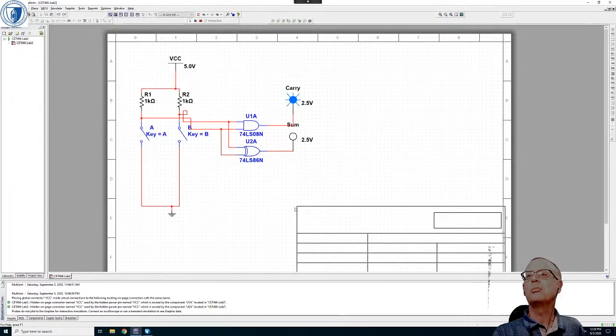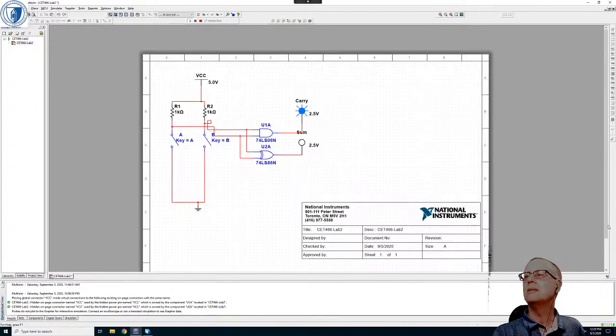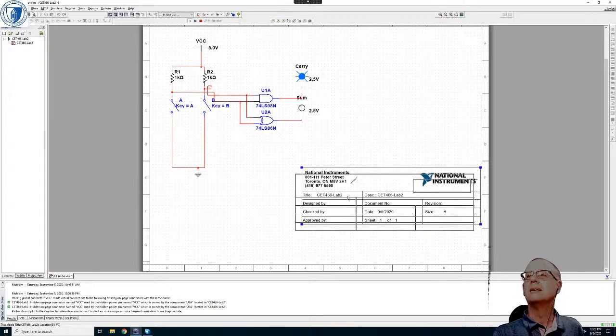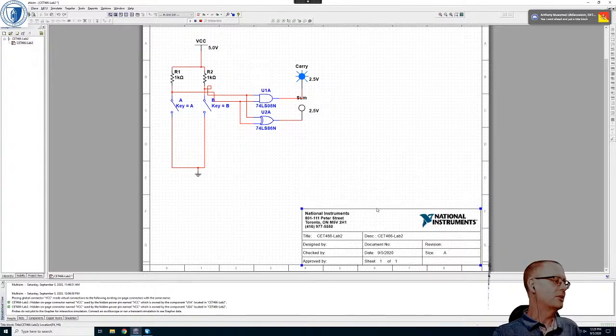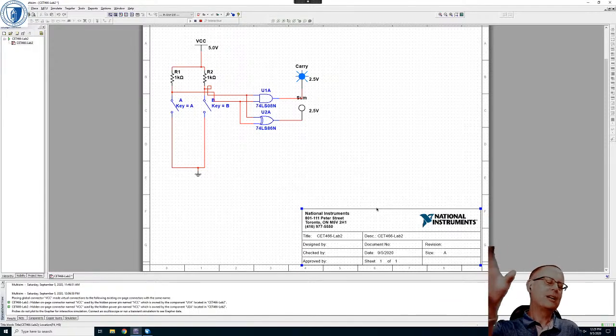Right, and this one's probably a bit big, but I recommend using a title block and filling in parts of the title block. Okay? So, yeah, particularly if you're just doing screenshots, that way at least it's clear who's done it. So yeah, I do recommend using a title block.